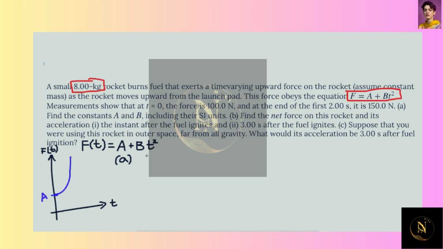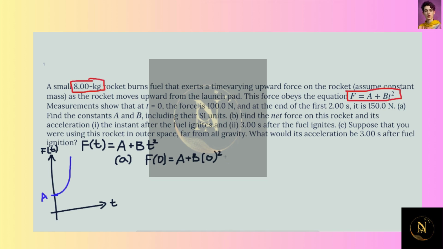Now that we have our explicit function, we can say that the value of the force at time equal to 0 is going to be equal to a plus b, where we plug in that value for t, which is equal to 0, and we square it.